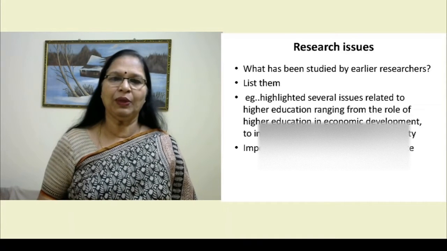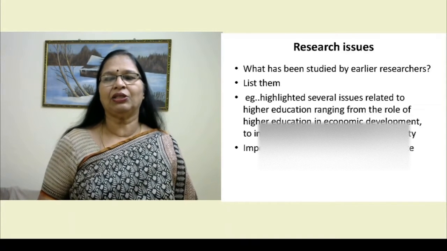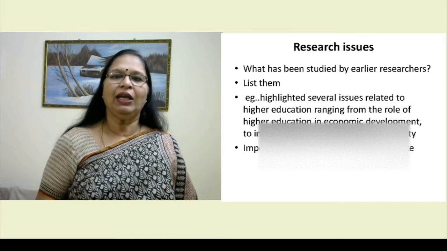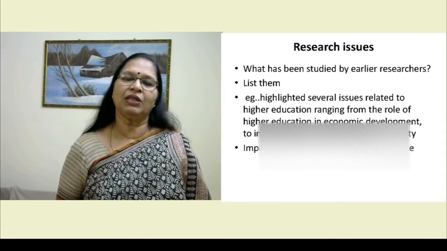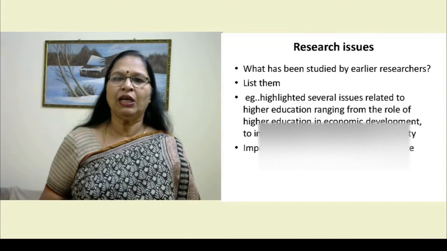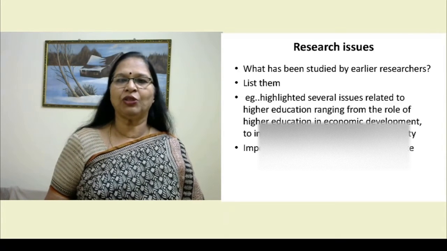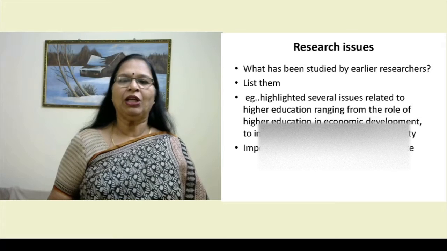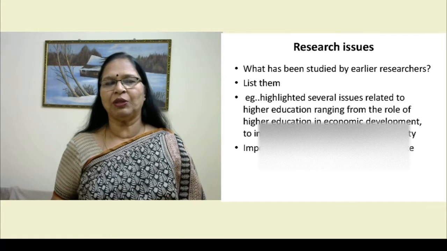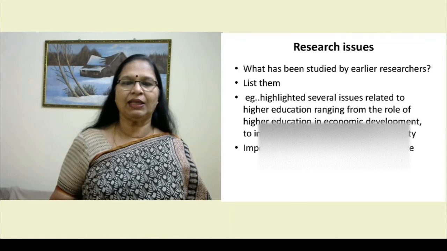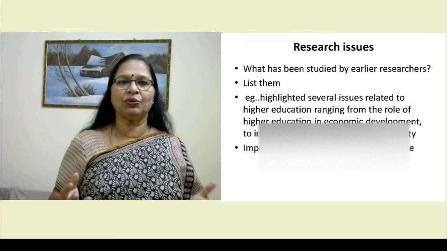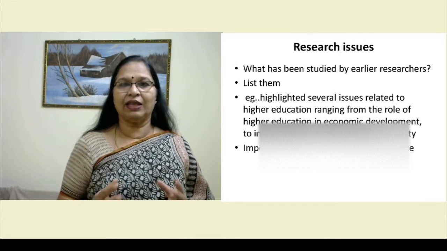It's quite a waste of time to do research which has been done earlier. So, what we do is first list the research issues that have been done. It could be the earlier research has highlighted several issues related to higher education, ranging from the role of higher education in economic development to increasing income and reducing poverty. That one sentence encompasses all those issues that the earlier writers have studied.